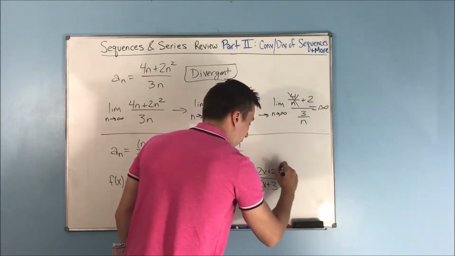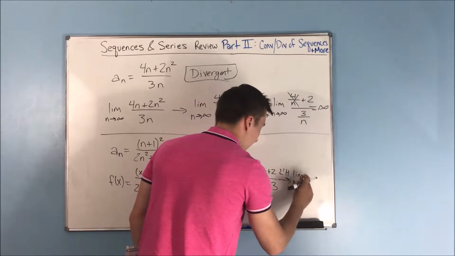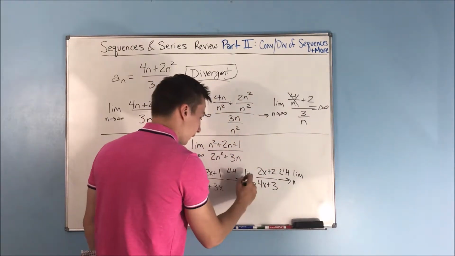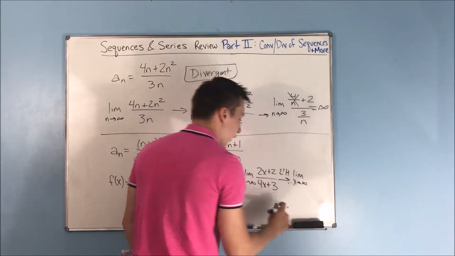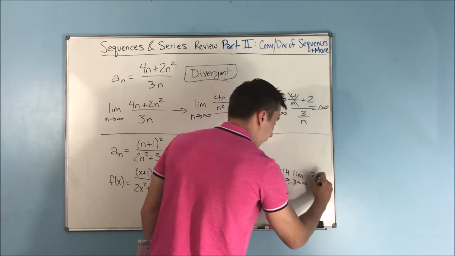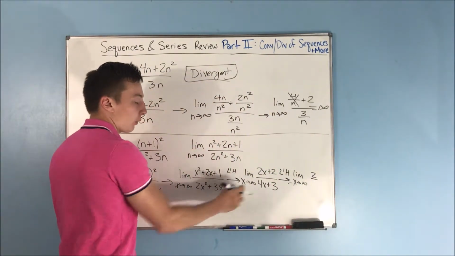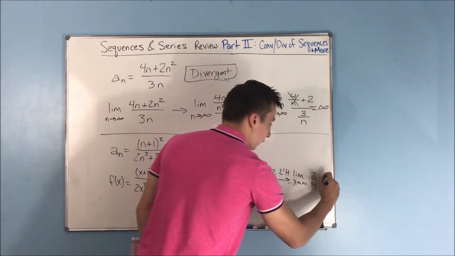Now, just because I said I wanted to use L'Hopital in this problem, let's do it one more time. We get the limit as x approaches infinity of, we take the derivative of the top, we get 2, take the derivative of the bottom, we get 4. And that is equal to 1/2.